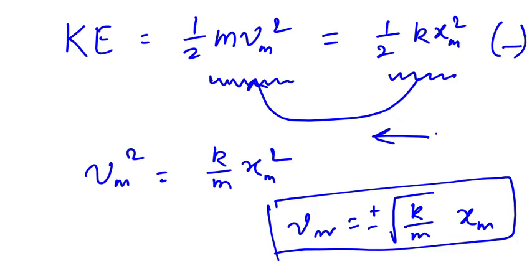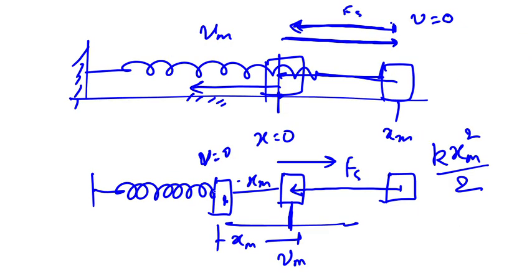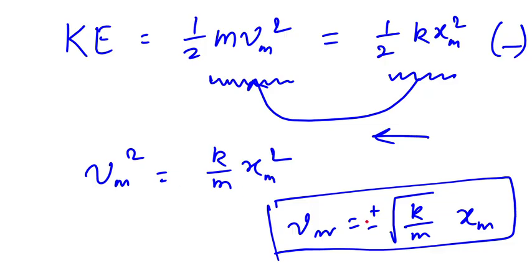And again, in the same motion, after reaching this point, let me use some different color here, this block will again start moving to the equilibrium, and it will overshoot this point once again, but this time velocity is along the positive x direction. That's why we have two things here: one is positive and one is negative, for two different maximum velocities at the equilibrium point.